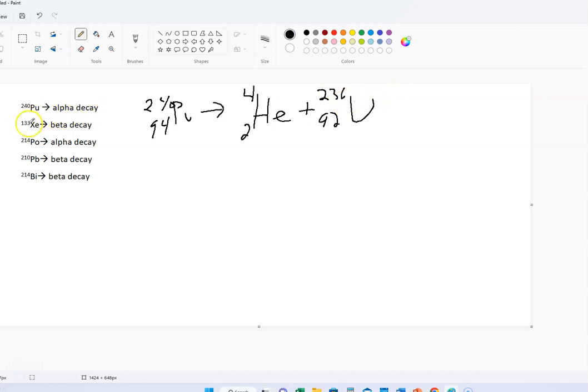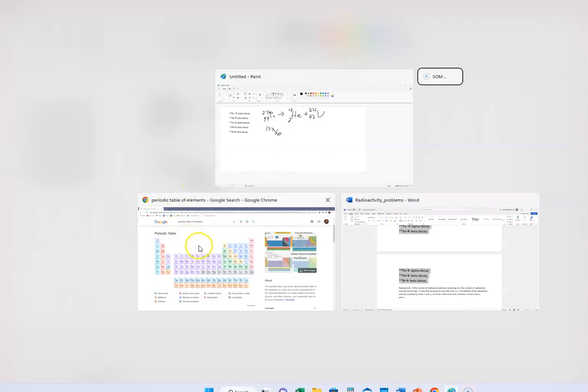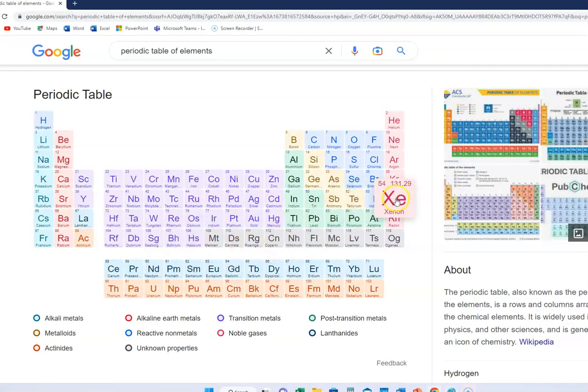All right, so let's do the next one, which is xenon 133. Xenon is a noble gas, just to let you know, and we have to look up xenon, which I don't know off the top of my head. It's in this last column. These are all the noble gases.